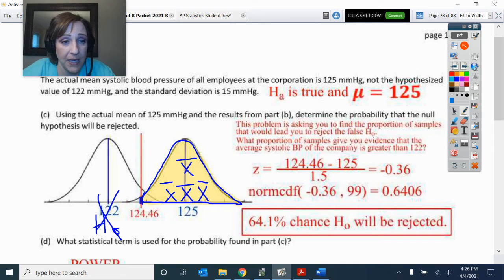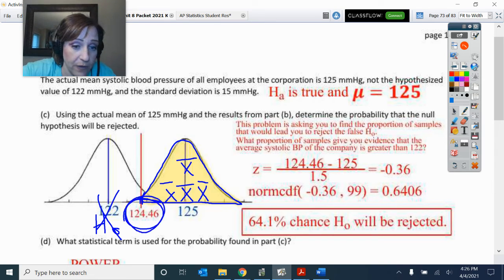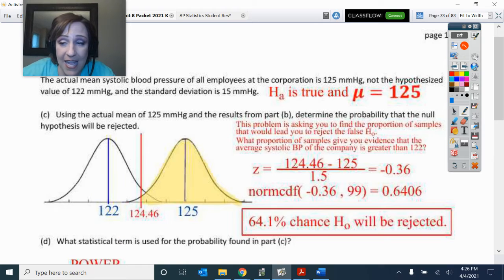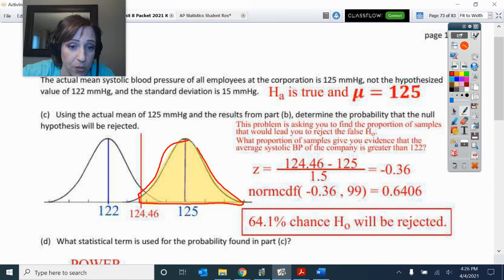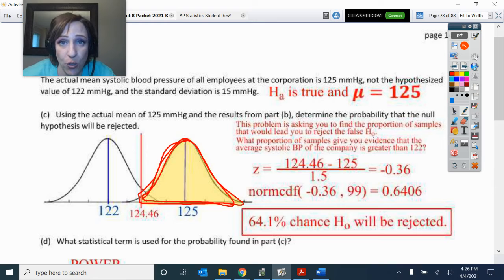Using the actual mean of 125 and your results from part B, so that's this 124.46, what's the probability the null hypothesis will be rejected? So essentially what this is saying is, what proportion of samples are here that would correctly lead you to reject a false null hypothesis and detect that we have this effect happening or whatever's going on.